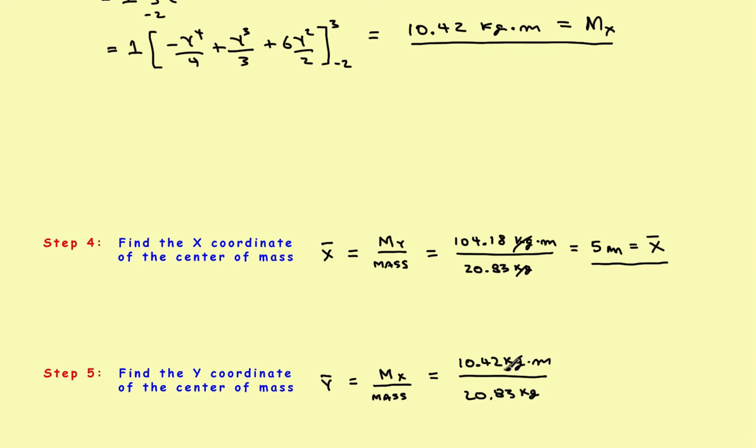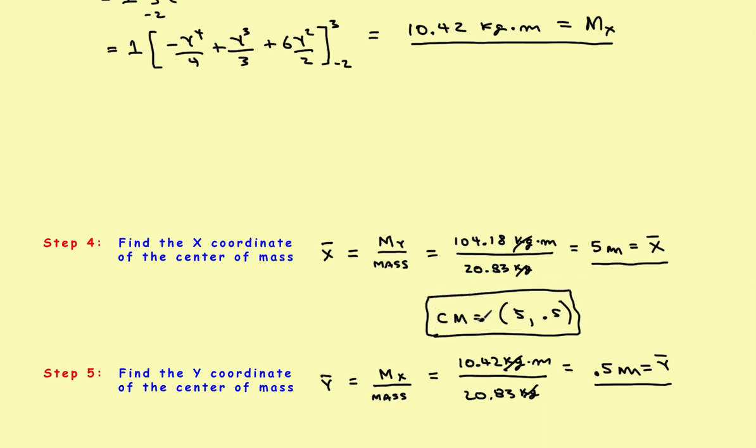And again, kilograms cancel out. And if you divide those, it'll actually turn out to just be 0.5 meters. And that's going to be the location of the y-coordinate of the center. So the center of mass is going to be, the x-coordinate is going to be 5, the y-coordinate is going to be 0.5, and you will have the coordinates of the center of mass.